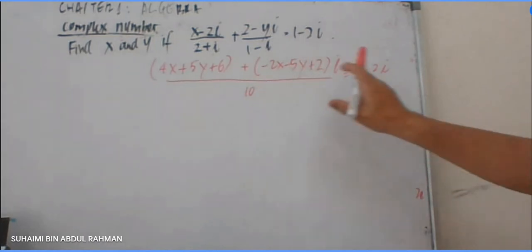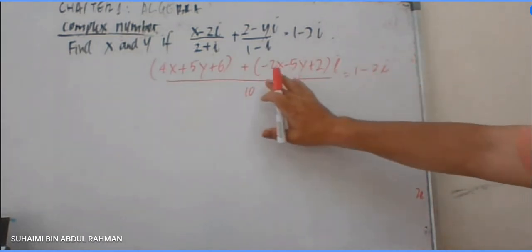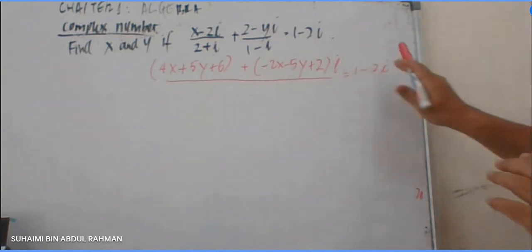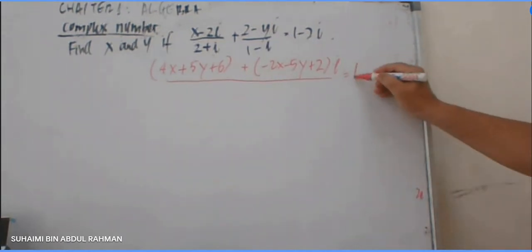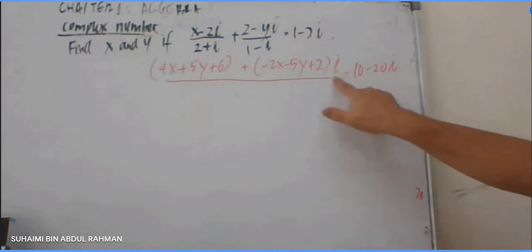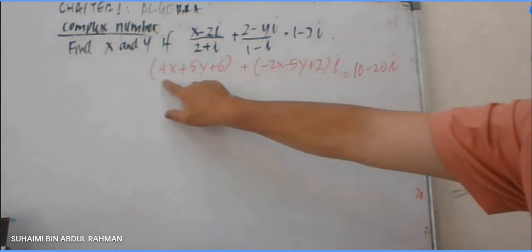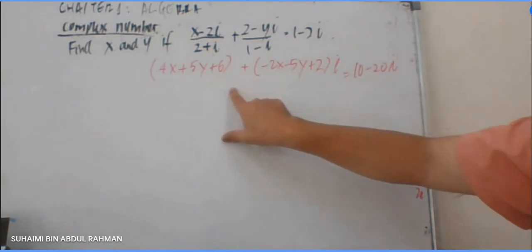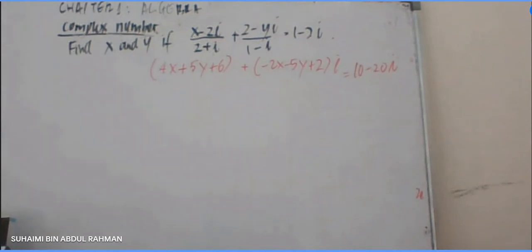When we bring this 10 into the right hand side, we have 10 minus 20i, and we no longer have fractions on the left and right. So it becomes x plus 5y plus 6 plus minus 2x minus 5y plus 2i, equal to 10 minus 20i.